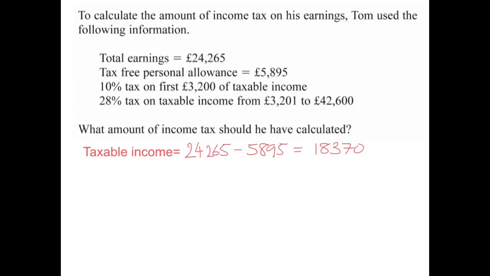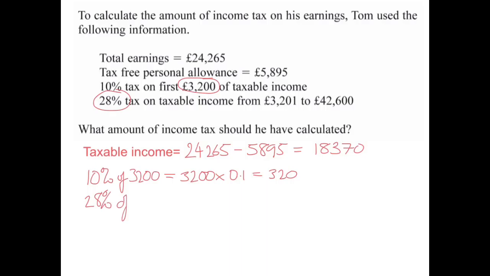Now, the first £3,200 he pays 10%, so 10% of 3,200, and to do that in the calculator it's 3,200 multiplied by 0.1, and that's £320. However, the rest of the money is 28% tax on it.